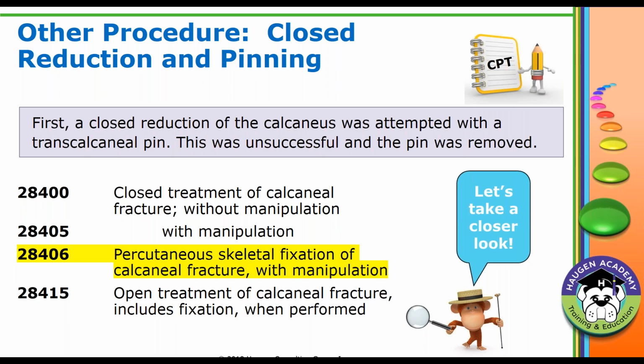So that can lead us right to 28406. Remember, it wasn't on our list of surgical procedures, but it was performed as noted in the op report. So should it be coded or not? Keep in mind, we already know that we're reporting CPT code 28415 for the open treatment.